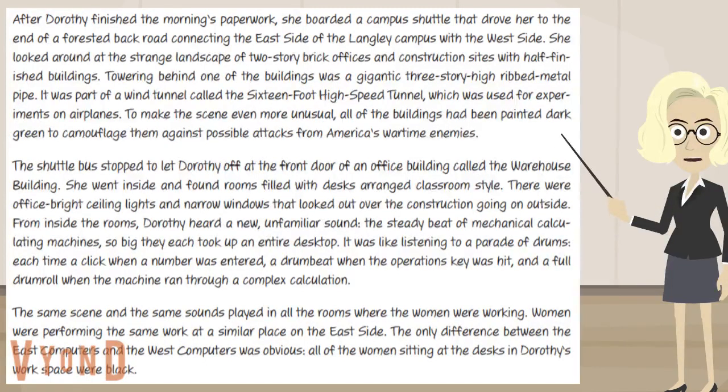Towering behind one of the buildings was a gigantic 3-story high ribbed metal pipe. It was part of a wind tunnel called the 16-foot high speed tunnel, which was used for experiments on airplanes. To make the scene even more unusual, all of the buildings had been painted dark green to camouflage them against possible attacks from America's wartime enemies.